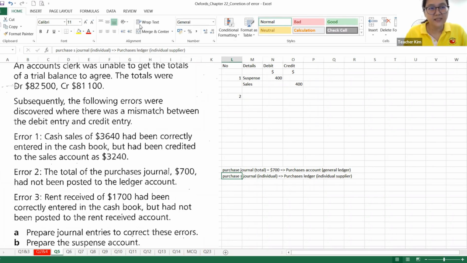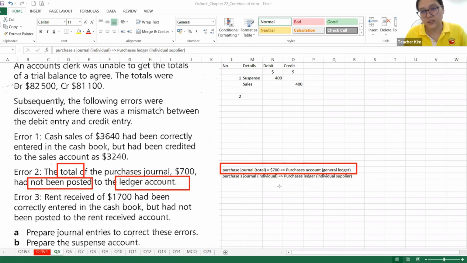They mention the total has not been posted to the ledger account. They are talking about this one only, not the second one. The second one has no error; only the first one has the error. So this type of error is also a one-side error, and we have to use the suspense account.